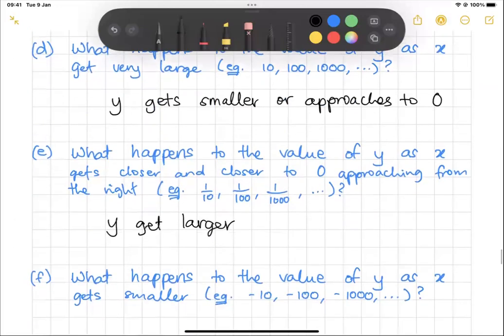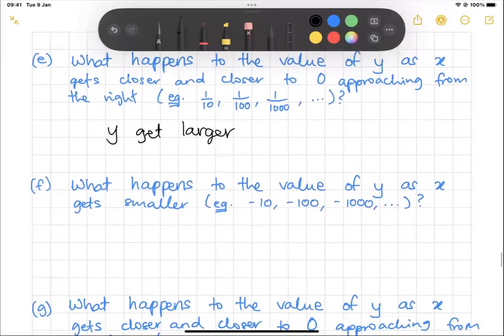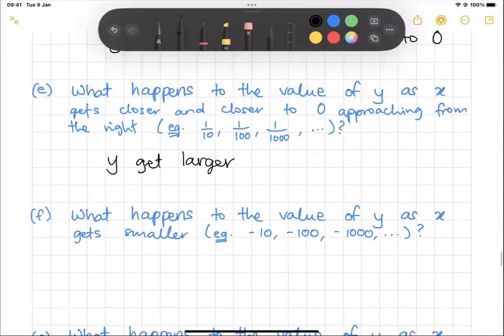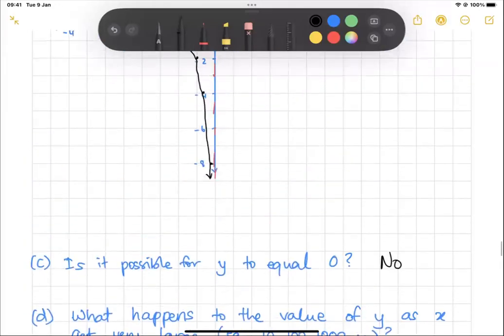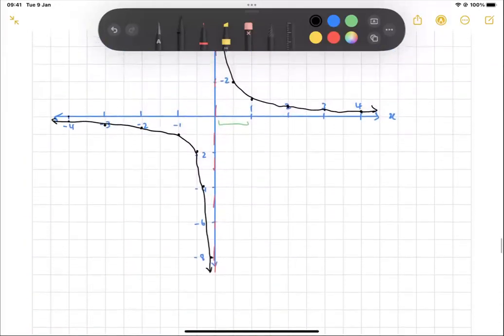Okay, that's it. Now for F, what happens to the value of y as x gets smaller? For example, -10, -100, -1000. So let's look at the values of x getting larger in the sense of -2, -3, -4.